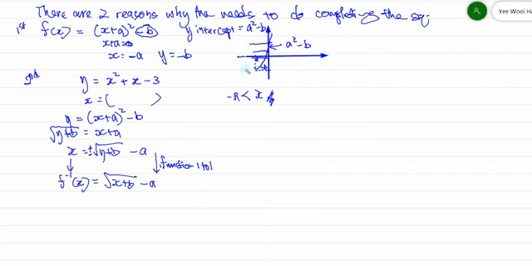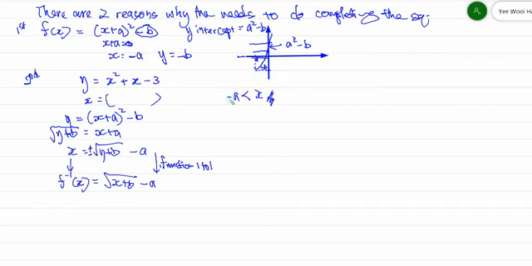So for any quadratic function, if you want to have an inverse function, you must specify the domain in such a way that you end up with a certain part of the quadratic function.